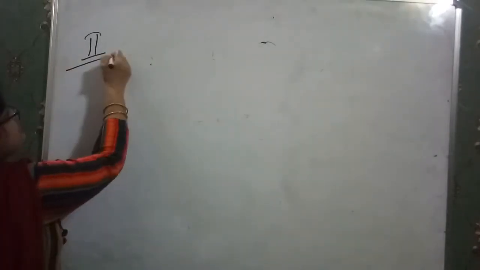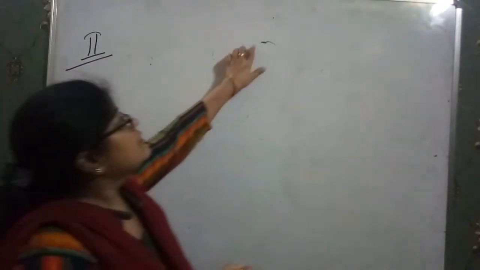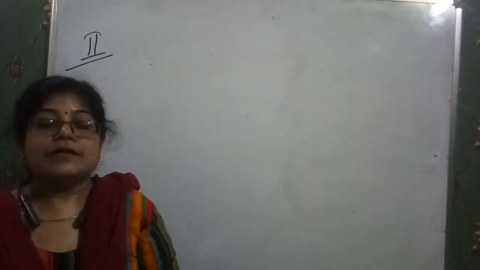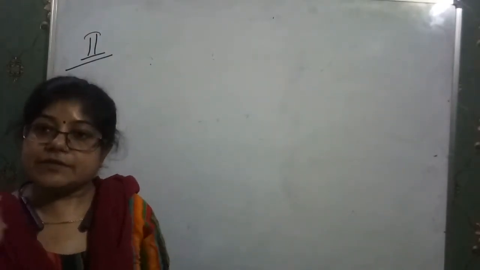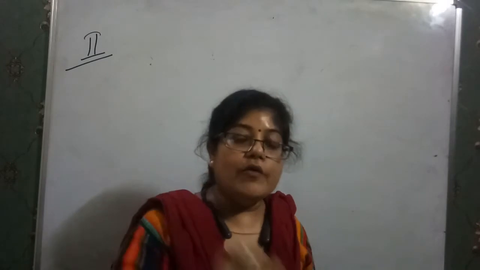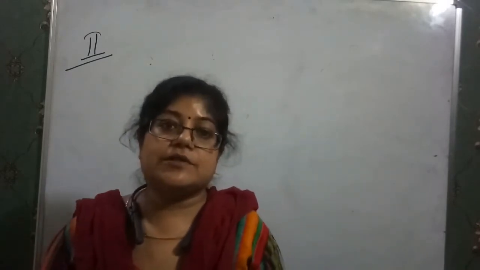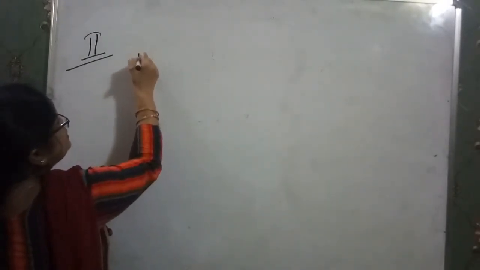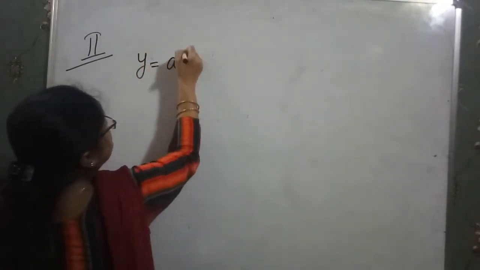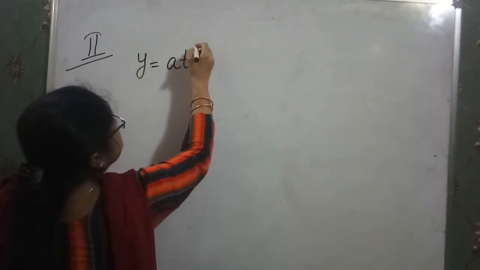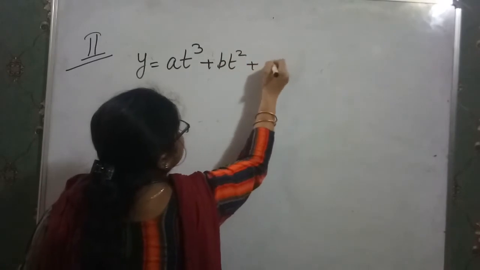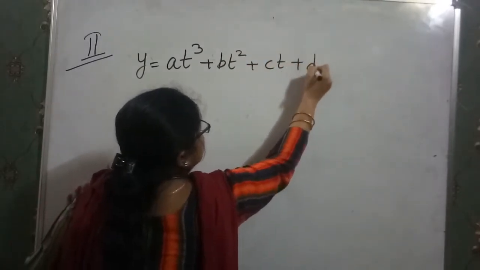Now the next pattern I am going to take: how will you find the velocity and acceleration when displacement is given? And how will you find the velocity and displacement when acceleration is given? Now there are two concepts. For example, we have a question: y is equal to at cube plus bt square plus ct plus d.